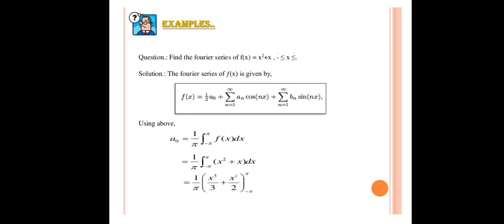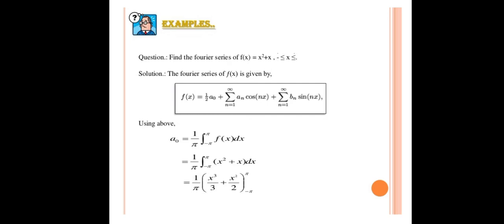a0 is given by the formula a0 equal to 1 upon pi integration from minus pi to pi of f of x dx. Here the value of f of x is given as x square plus x. Put this value in the a0 equation. Then we get 1 upon pi integration from minus pi to pi of x square plus x dx.